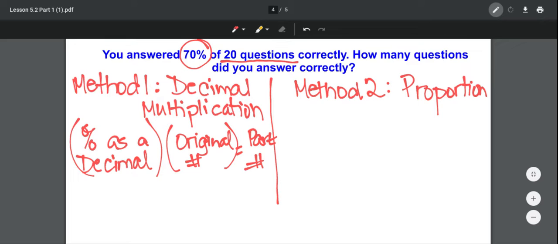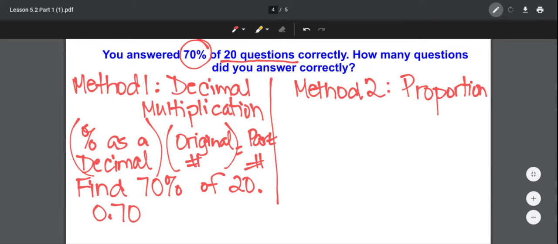What we're looking to do is finding 70% of 20. 70% as a decimal is written as 0.70, and when we multiply it by 20, we would get the part, or x. After multiplying, we find that x is equal to 14. Therefore, 14 questions were answered correctly.